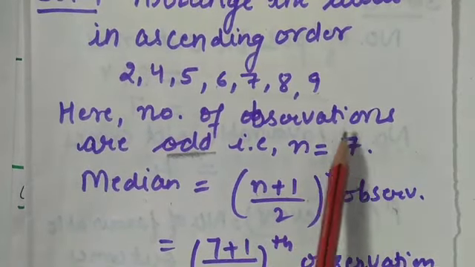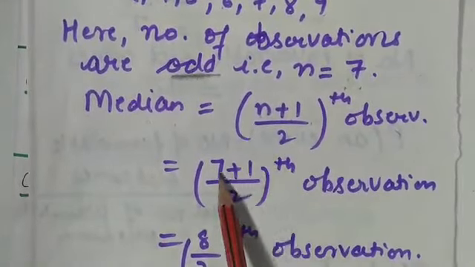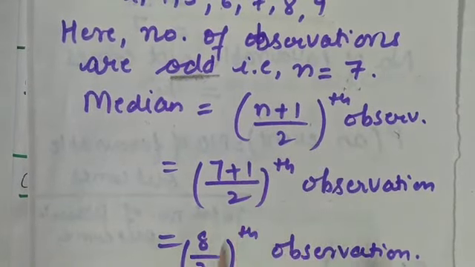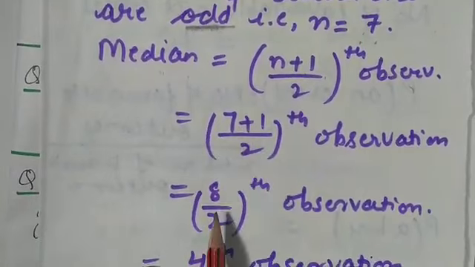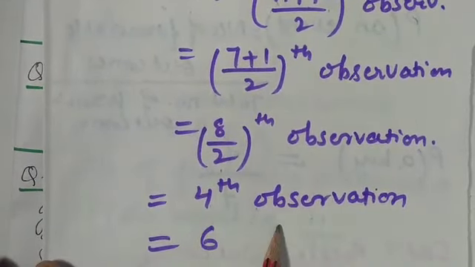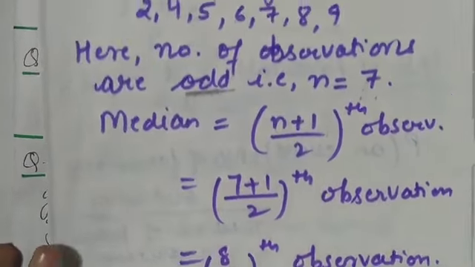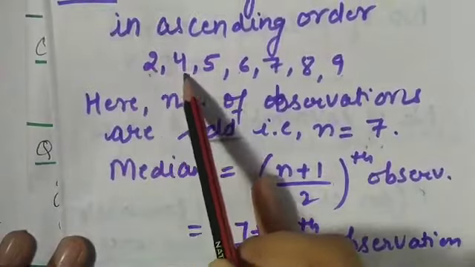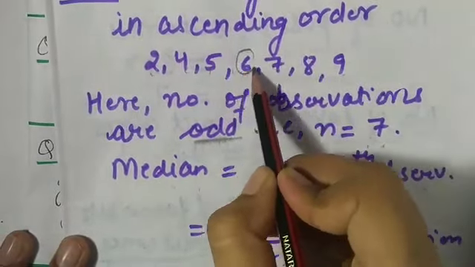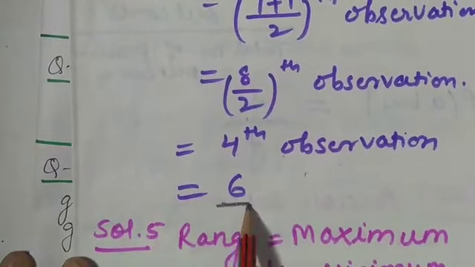Here n is the number of observations, that is 7. So put the value: 7 plus 1 divided by 2 th observation. 7 plus 1 is 8, and 8 by 2 means the 4th observation. You have to count the 4th observation from the ascending order that you have arranged. So 1, 2, 3, 4. This is the 4th observation, so this will be your median. Okay, so 6 is your answer.